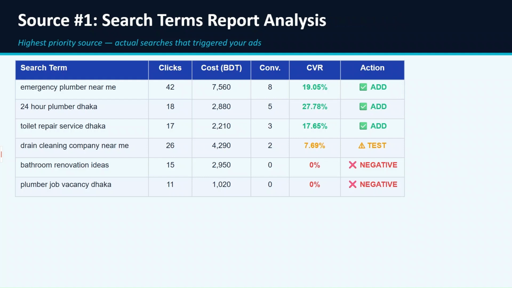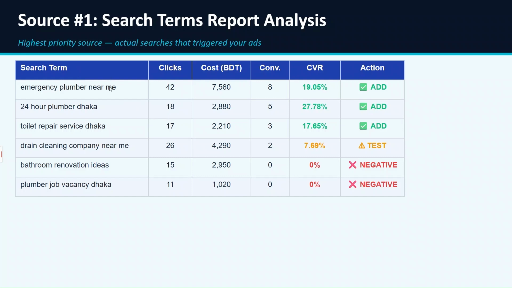Now let's talk about where you find new keyword opportunities. The number one source, the most important one, is your search terms report. Look at this table on the screen. These are real search queries that triggered this plumbing account in one week. In here, different types of keywords.